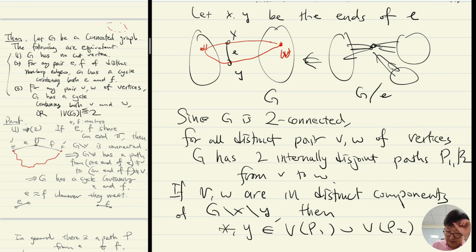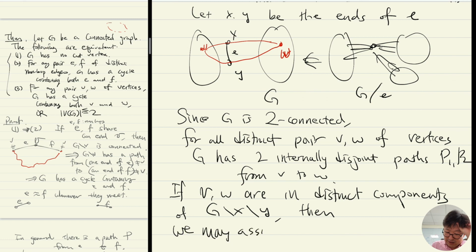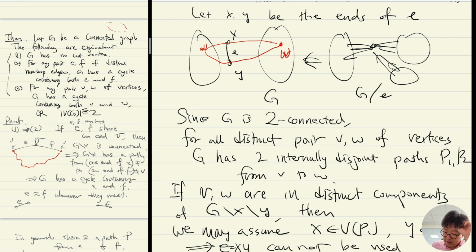Okay, let me say it this way. We may assume x is in V(P1) and y is in V(P2), right? So therefore xy, the e, cannot be used in P1 or P2.